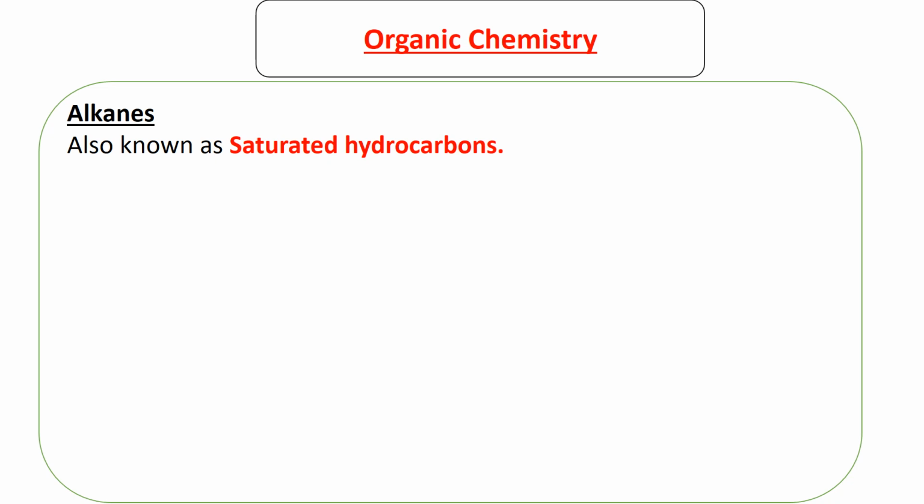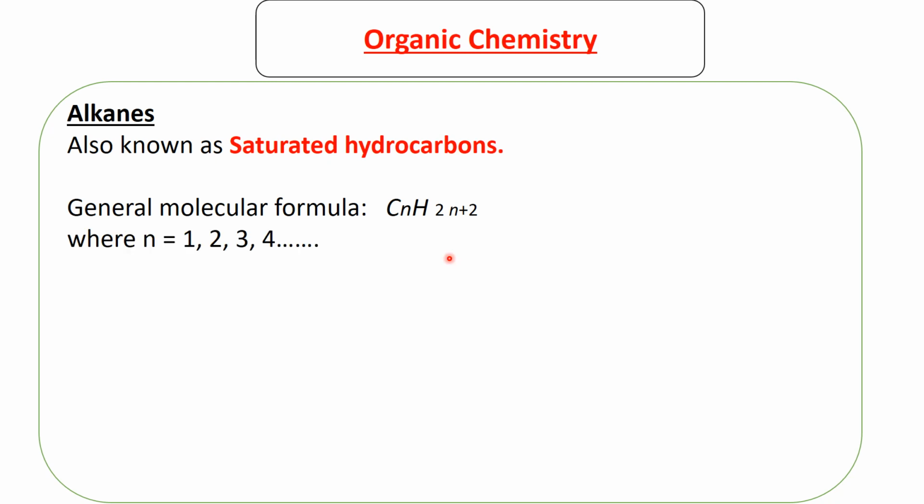As you are thinking, I will continue reminding you of what we discussed in the introduction. So the general molecular formula for alkanes is CnH2n+2, where n can be any integer, like 1, 2, 3, 4, starting from 1 in short. So n cannot be 0, it has to be 1 going up.